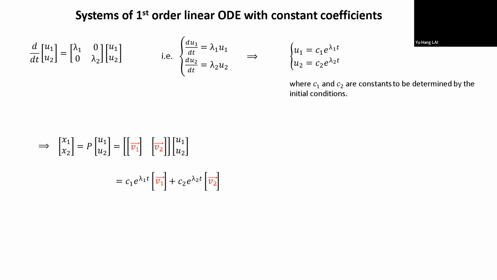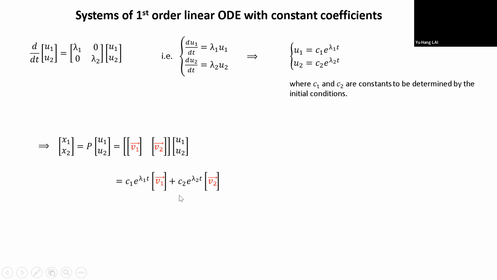So you can see that X1, X2 is given by this, and U1, U2 are over here. Then I can write it out as a sum of two vectors with these two functions.